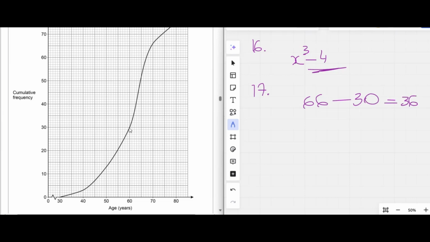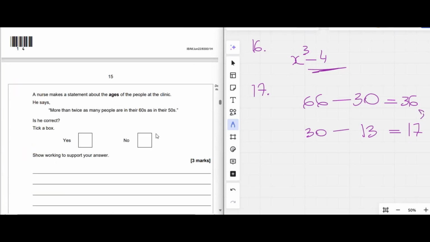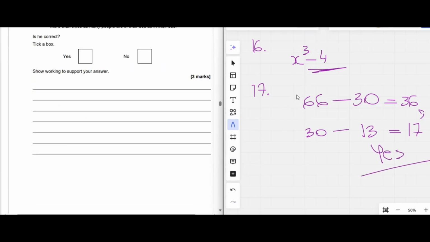And in the 50s, we have 30 and 13. So that's 17 in total. So that's more than twice. Yeah, and that's the working to support the answer. Okay.